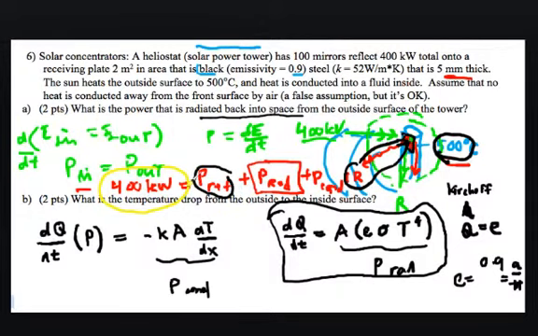We know that power is dissipated as reflected light, radiated power, and then power that is absorbed or transferred, conducted to some fluid that's behind here. So the power is coming in.